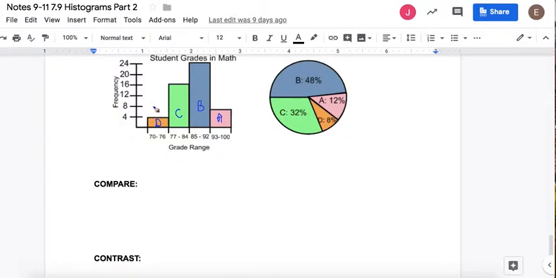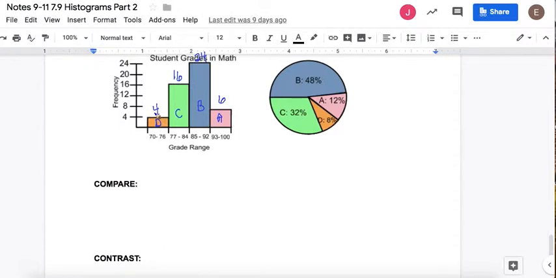And we notice we have a height of 4. Write this in. A height of 16. A height of 24. And this one is halfway between 4 and 8, which would be 6.